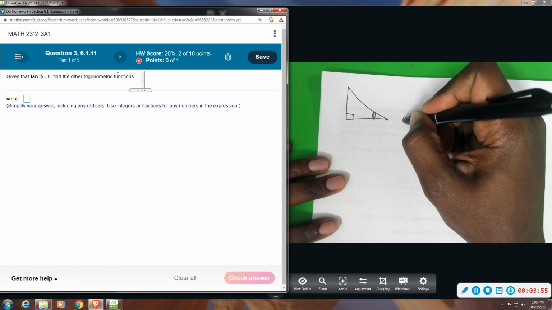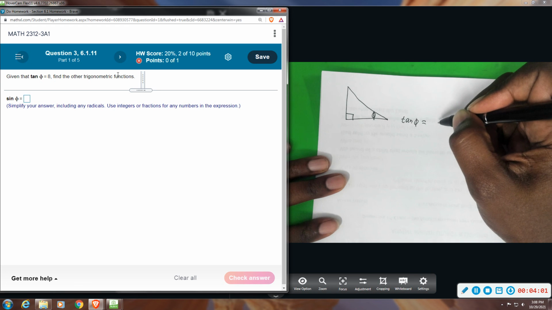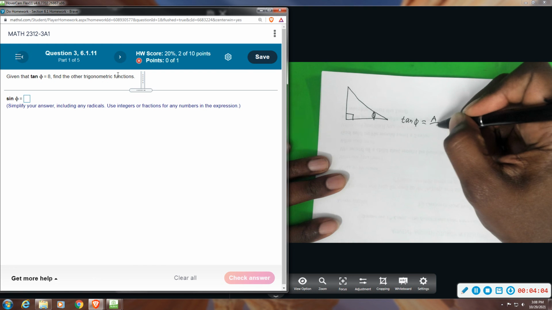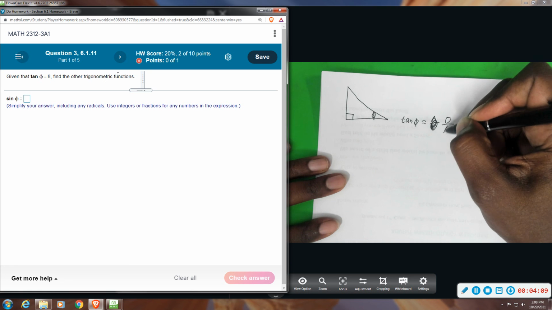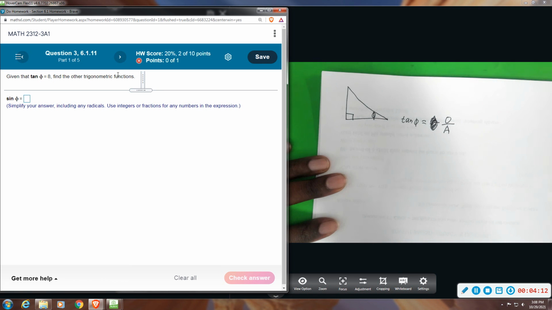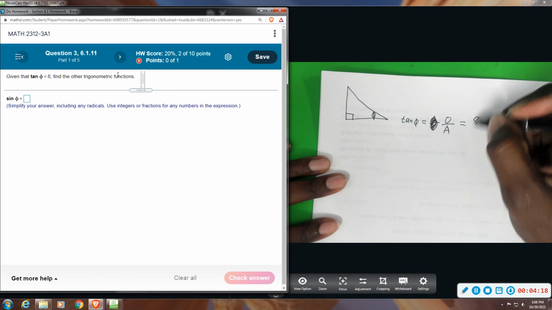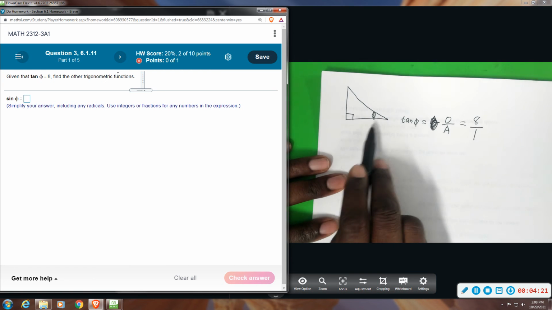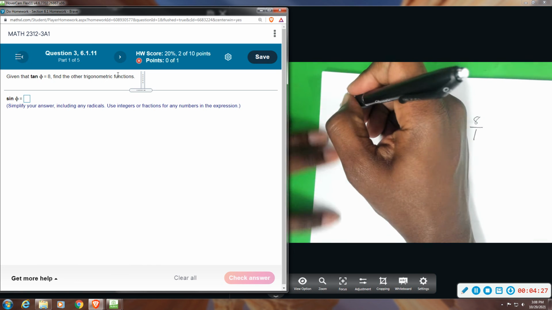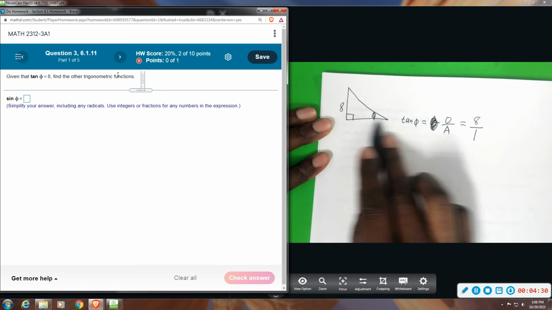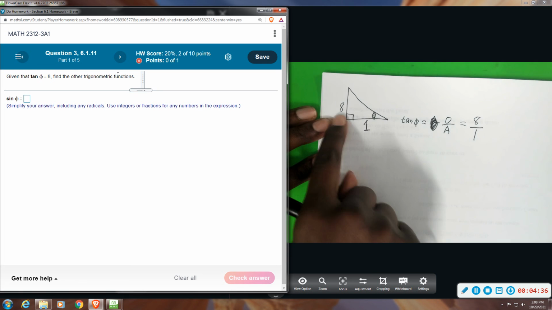Thinking about tangent of phi, tangent is equal to opposite over adjacent. Sorry, I said it backwards at first. They told me that tangent is equal to 8. So if I make that a fraction, that would be 8 over 1. So according to where I put phi, the opposite side, right across, would be 8, and the adjacent side touching it would be 1. This isn't drawn to scale, but this is how you would label those sides.